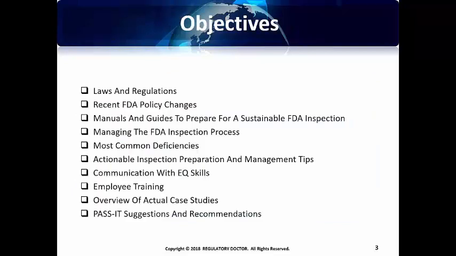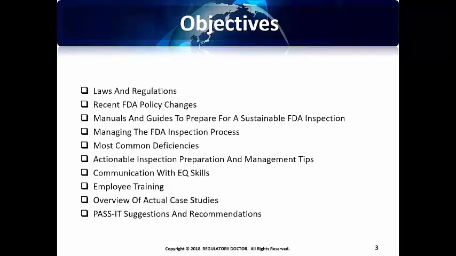Today we have various objectives, starting with laws and regulations and some FDA policy changes, and key important manuals that the FDA-regulated industry needs to be familiar with. We will cover the FDA inspection process, common deficiencies, and actionable information regarding how to prepare for and manage FDA inspections.